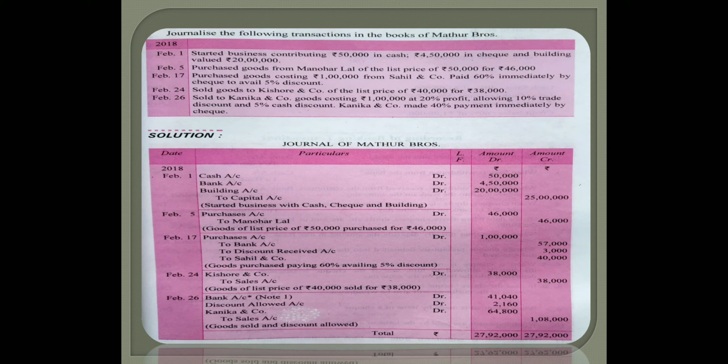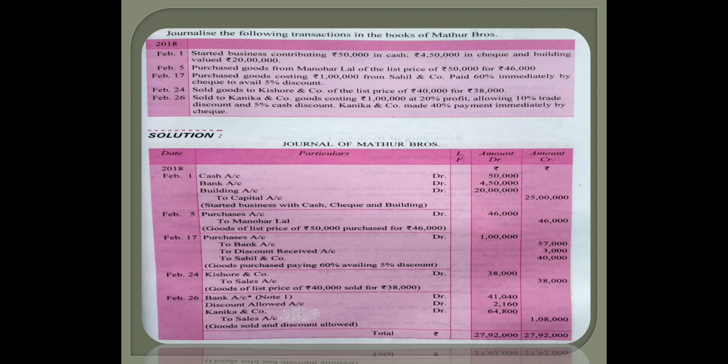This amount will be received, and the cash discount will be written as cash discount 2,160 rupees, and the rest amount of 1,08,000 multiplied by 60 upon 100, it means 60% of 1,08,000. The amount will come 64,800. This will be the credit sale.